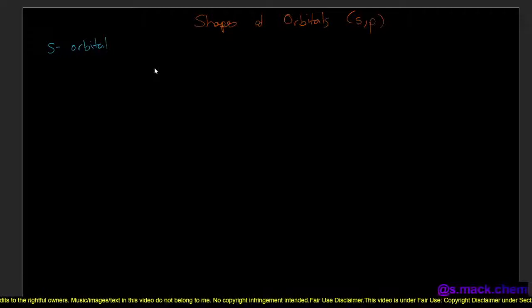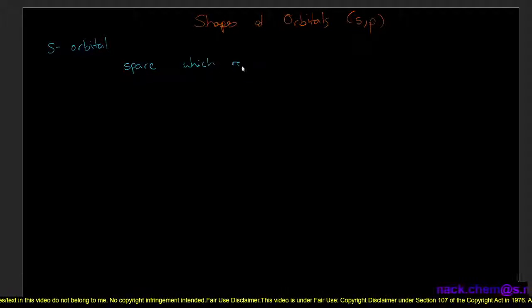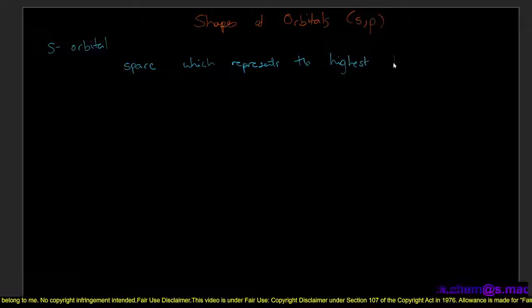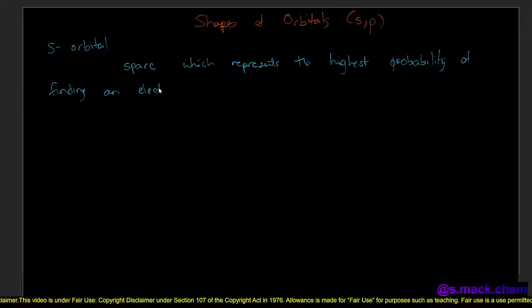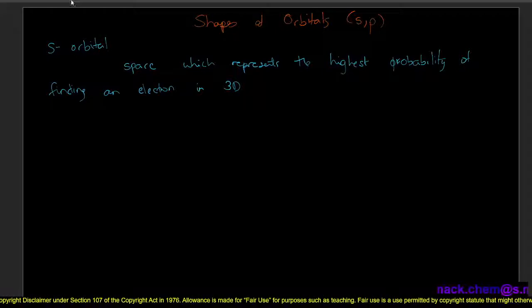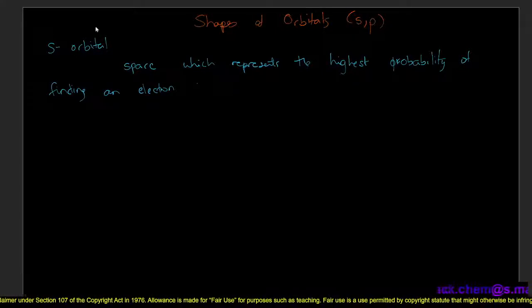So we have described an orbital as being a space which represents the highest probability of finding an electron in three-dimensional space.